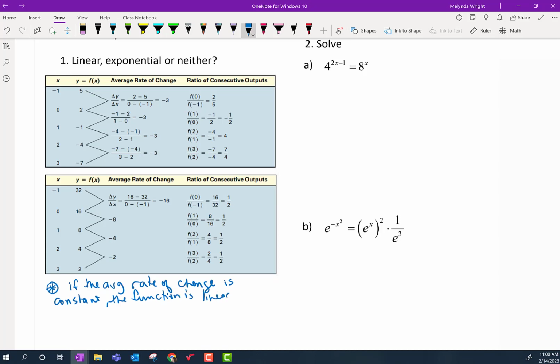We know the average rate of change is slope, right? It's the slope. So if we look at this first one, we've got an average rate of change. How do we calculate it? We do that formula f of b minus f of a over b minus a. It's just change in y over change in x. Notice how those changes are all the same. So this one, because of that, is going to be linear.